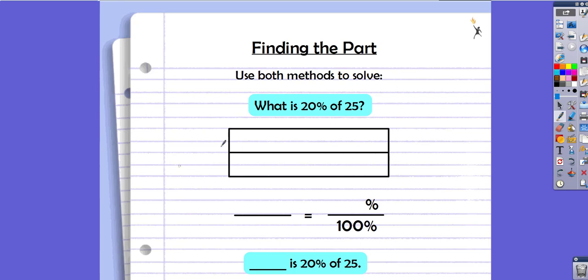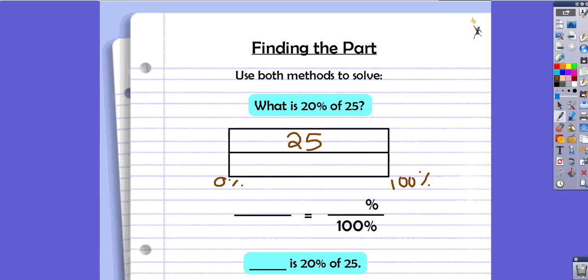Okay, so the top tells us our whole, and that whole was 25. And I know that the bottom is our percent. I know we have 0% and 100%. You could have split it up a couple of ways.